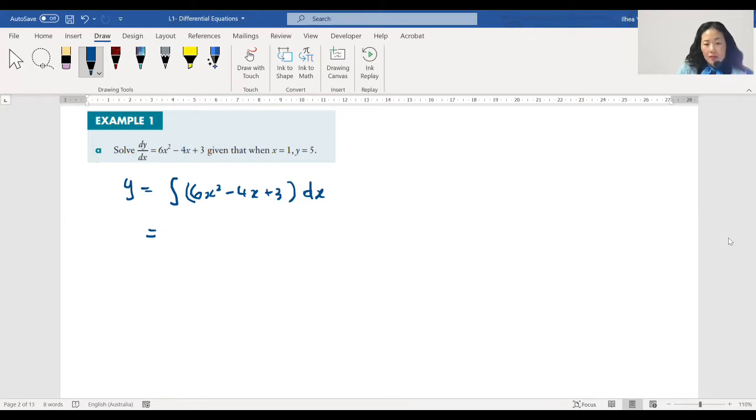What will happen, because we don't have a limit, we'll definitely have a c at the end, but luckily we have these points there, x and y values. So what's happening here is 6x to the power 3 over 3 minus 4x squared over 2 plus 3x, plus c.